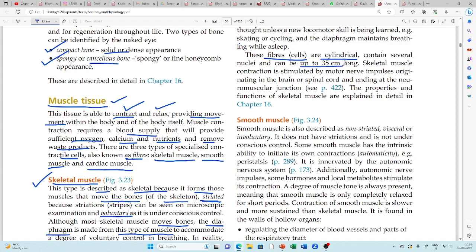Skeletal muscle means big muscle, having good length. The shape of this muscle is cylindrical, and it has nuclei also. Once we go to smooth muscle and cardiac muscle, we will tell their characteristics. So just note this: skeletal muscle is striated, voluntary, cylindrical, with presence of nuclei, and length up to 35 centimeters.